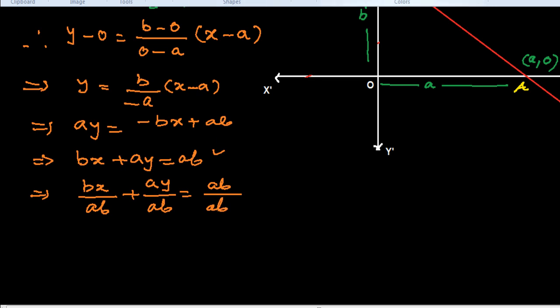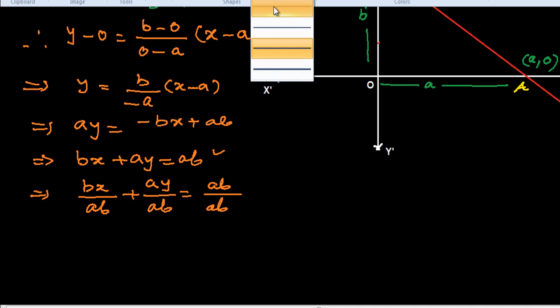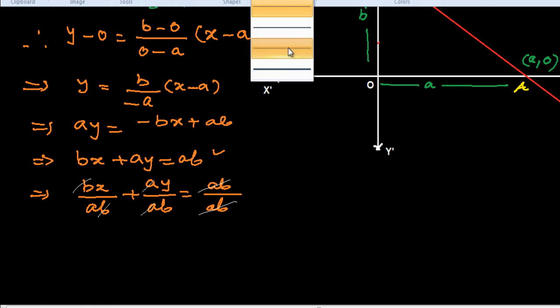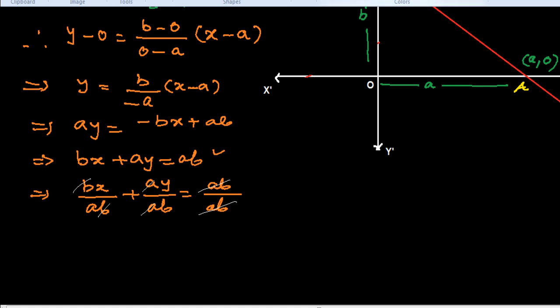Now b and b will cancel, and a and a will cancel, and the right side becomes 1. Finally we get x upon a plus y upon b is equal to 1.